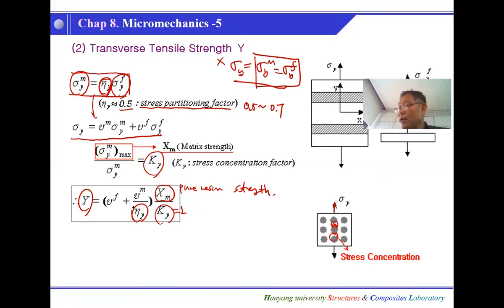We already have these stress partitioning factors. So in your program, I recommend you to use just these equations, neglecting this one. But at a Y, you just use some factors, such as 0.5. This value will be a little bit different for glass composites and carbon composites.